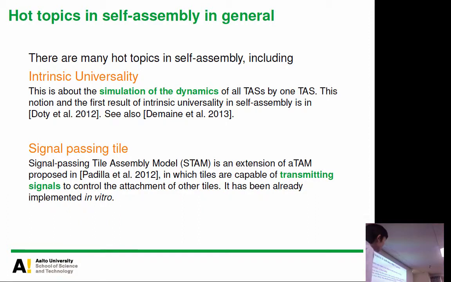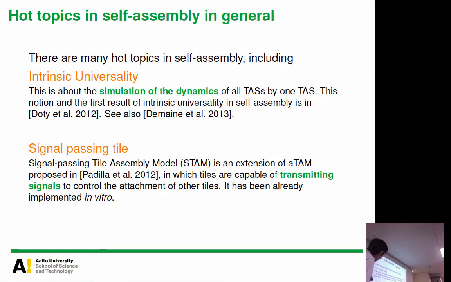Another one is signal passing tiles. A signal passing tile has something like wires on it. It receives a signal from one side and can translate this signal to another side. So the tile itself works more as a computational unit rather than just a building block. In the current tile assembly system, once tiles get attached, they don't do anything anymore.